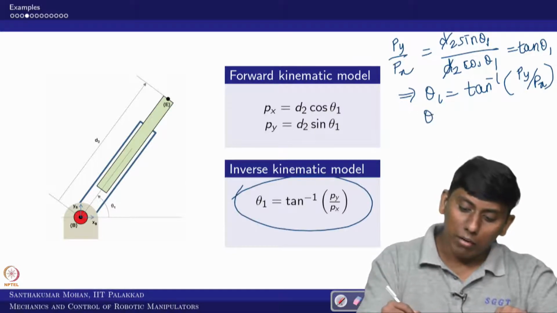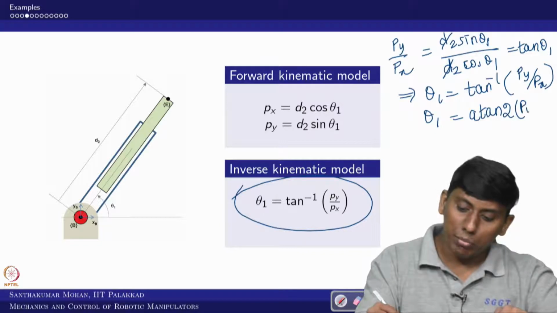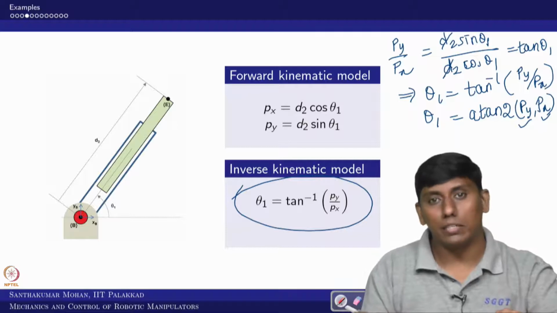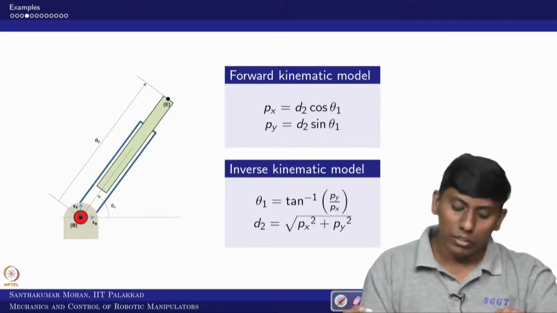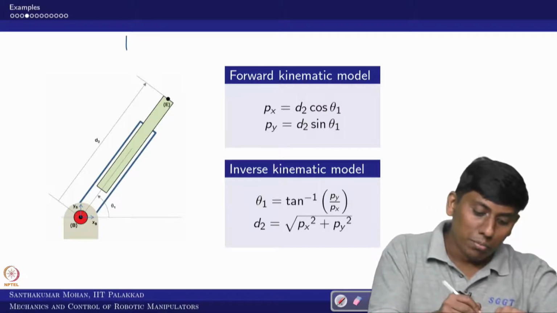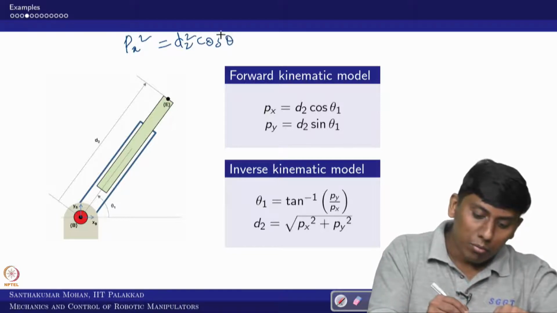So you take theta 1 as atan2, in the sense arc tan two-argument, py px, in the sense the sign of px and py makes sense. Okay. So now the square and add, so that will give d2. So square and add means what? So px squared equals d2 squared cos squared theta 1. So py squared is d2 squared sin squared theta 1.